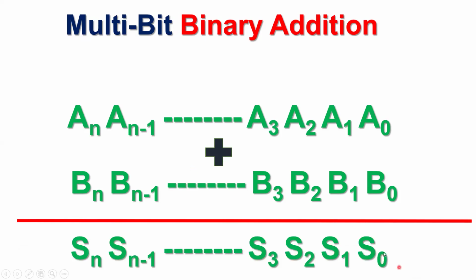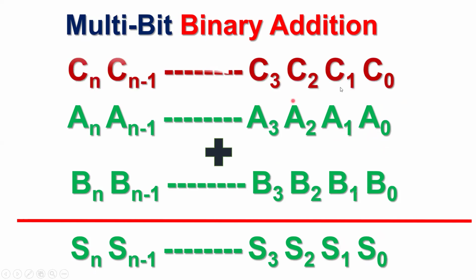That could be expressed as S0, S1 up to Sn, S0 being the LSB, least significant bit, and Sn is the most significant bit. So addition or sum of A0 and B0, 1 bit each, gives you 1 bit S0. 1 bit of A1 and B1 gives you sum of S1 and so on.